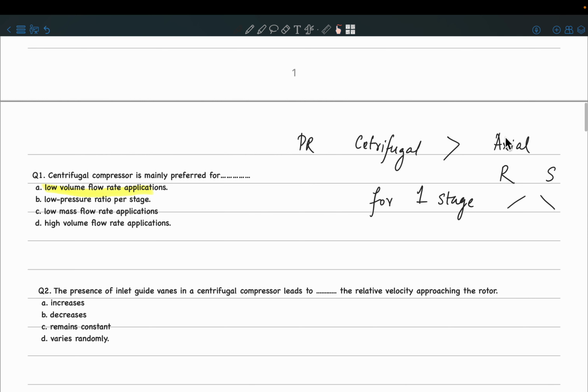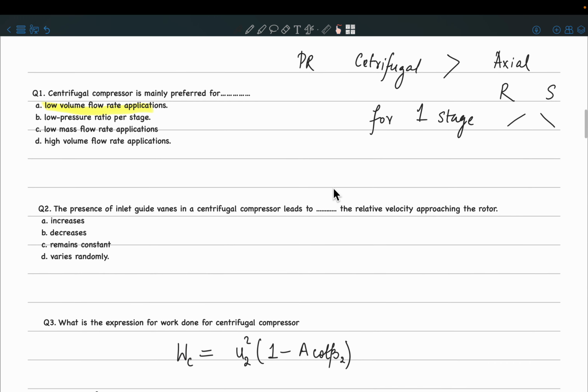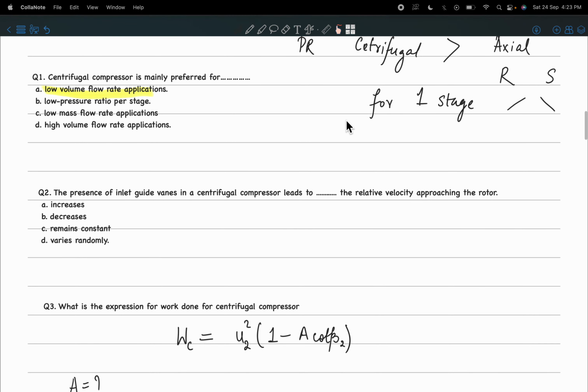As a result, in one stage the increase in pressure is much smaller for the axial case, but for the centrifugal compressor, within one stage you have much higher pressure ratios. And that is also a reason why you don't really go for multi-staging in centrifugal compressors.